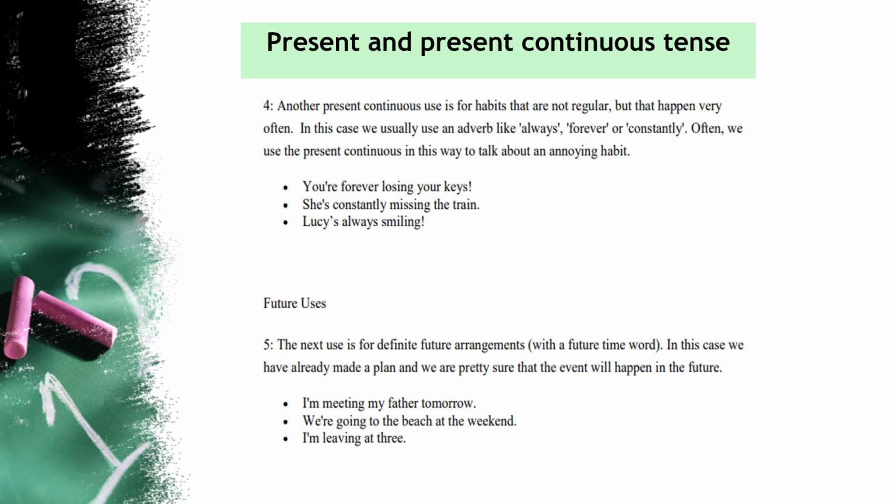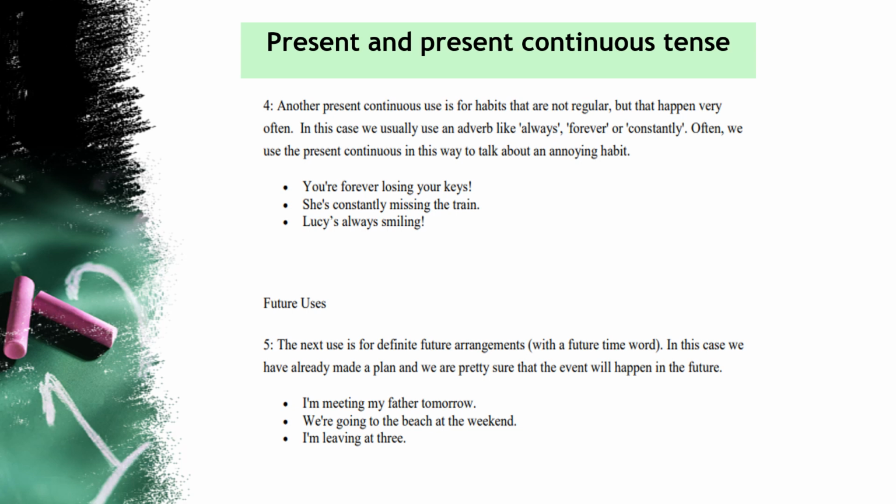We can use another thing: future uses. The next use is for a definite future arrangement with a future time word. In this case, we have already made a plan and we are pretty sure that the event will happen in the future.